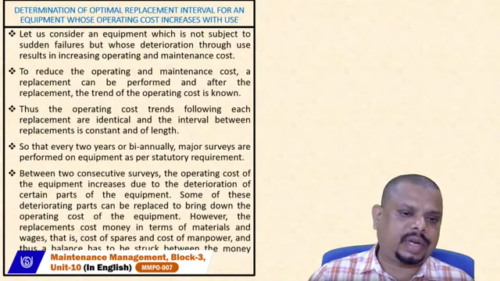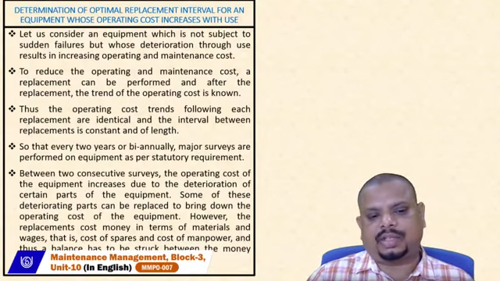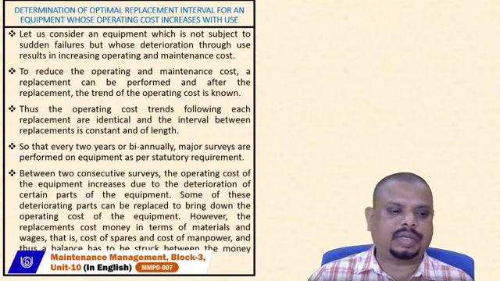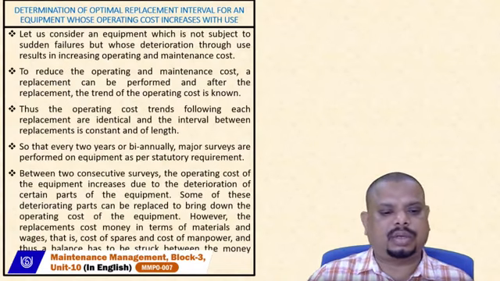It is the duty of maintenance managers to provide routine surveys on various equipment as per statutory requirements. Between two consecutive surveys, the operating cost of the equipment increases due to the deterioration of certain parts of the equipment, so that part should be replaced.